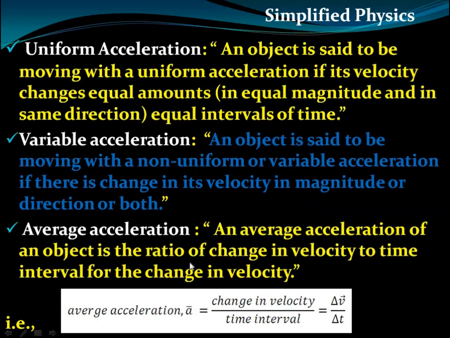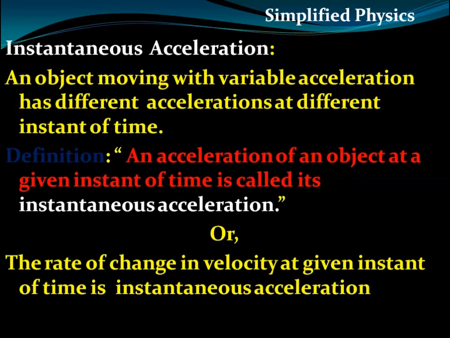Average acceleration is simply the change in velocity divided by the time interval. That is, delta v by delta t gives the average acceleration of the body. What is instantaneous acceleration? An object moving with variable acceleration has different acceleration at different instants of time.